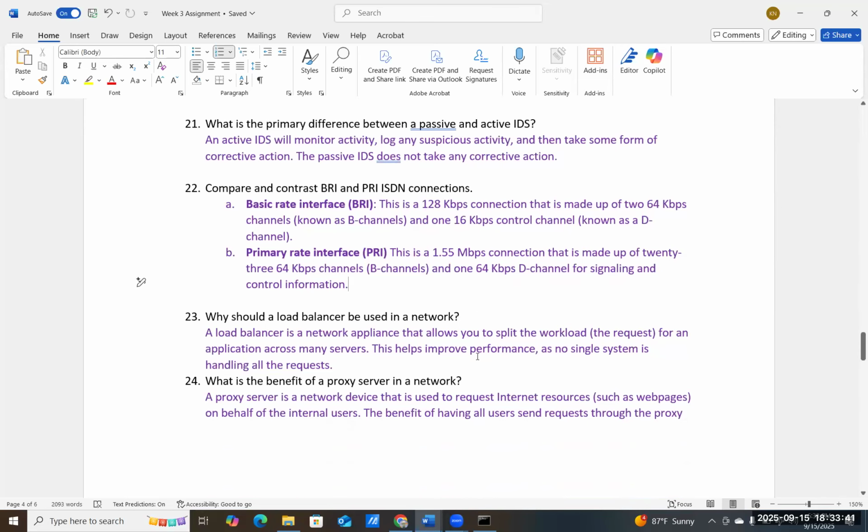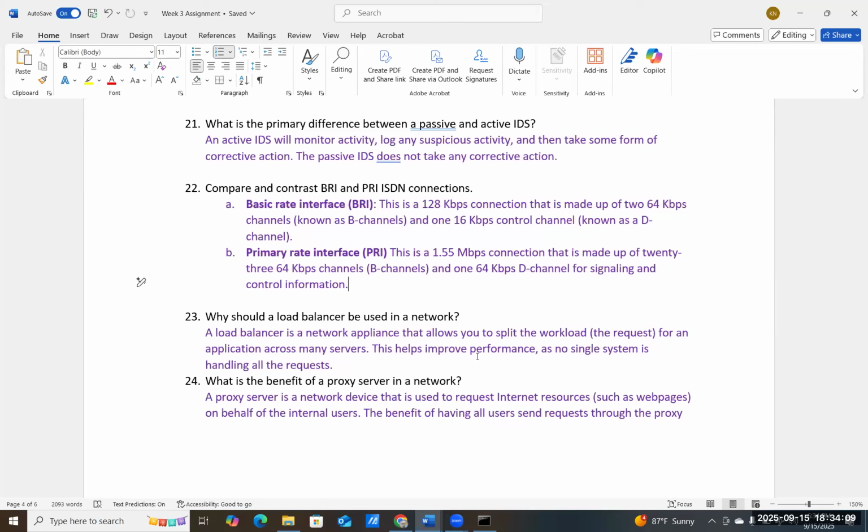One of the things, if you interview for a networking job, they're going to ask you, how do you achieve quality of service? What is a network balancer? Okay. And if you talk to administrators, people who maintain the network, they talk about a load balancer. A load balancer is a network system that allows you to split the workload across multiple systems, multiple servers.